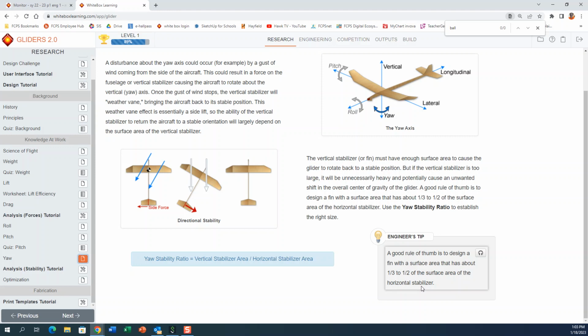Remember I said in the beginning, everything kind of plays with everything else. Everything influences something else. And so they're telling us there is a relationship between the vertical and the horizontal stabilizer. So we want our vertical stabilizer to be about 1/3 to 1/2 the size of the horizontal stabilizer. Let's see what that looks like.